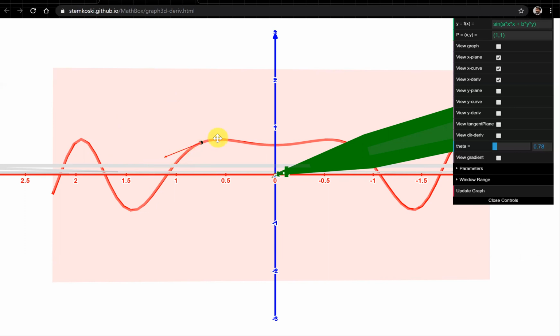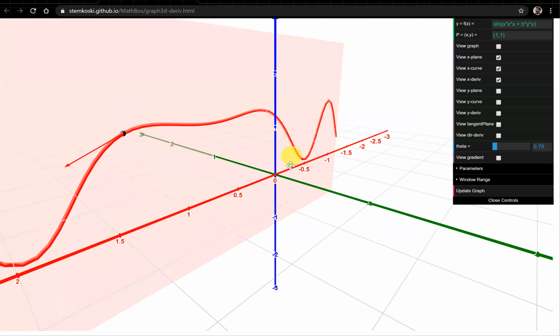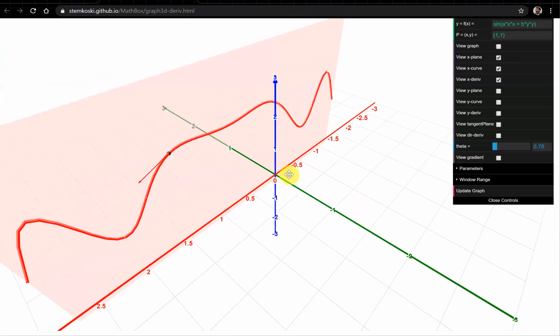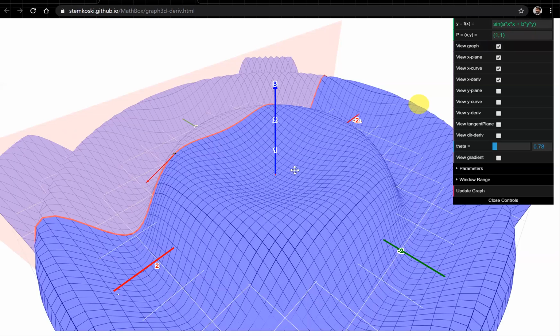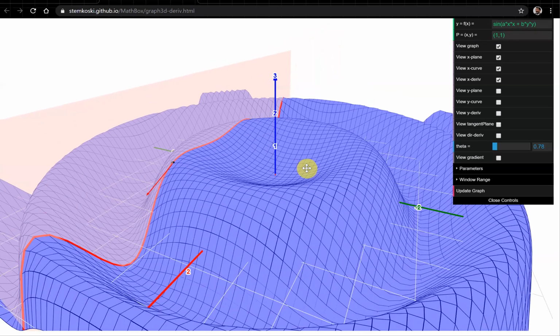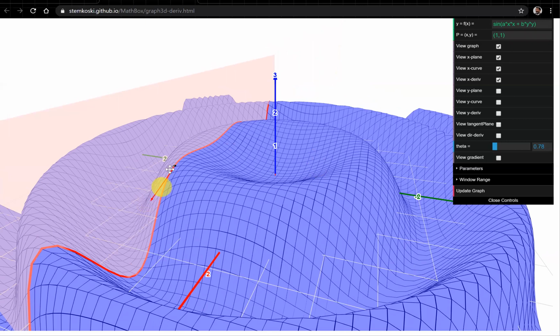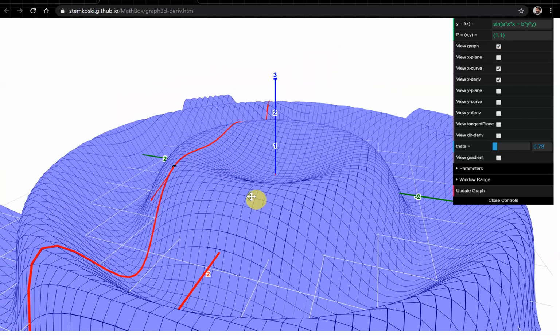But now we'll remind ourselves that we're in a three-dimensional problem. And let's reintroduce the 3D graph. So what we have here, this little red vector that's appeared, this red vector is tangent to the surface along the x direction. Go ahead and hide the plane here.